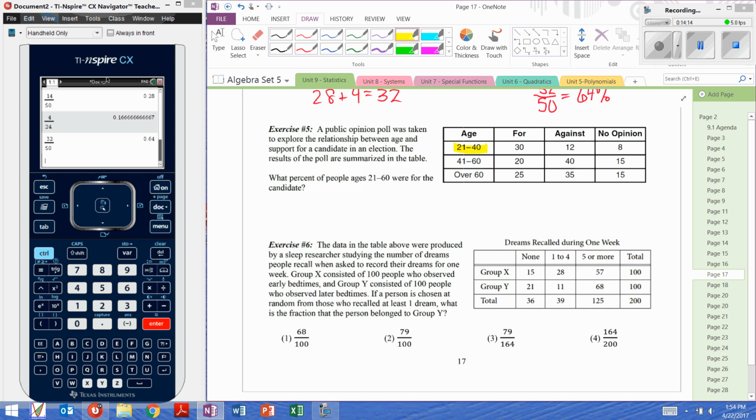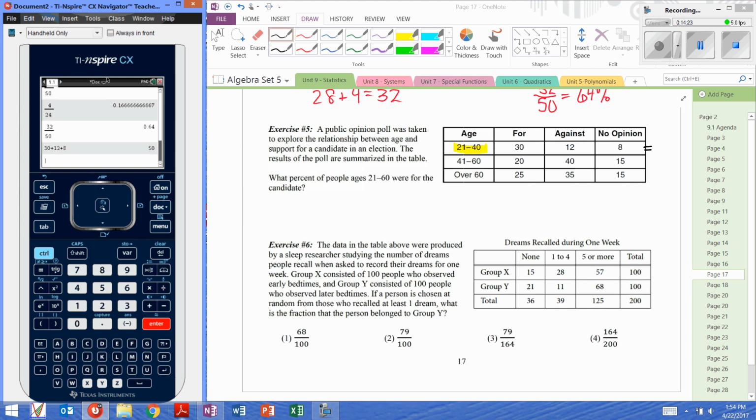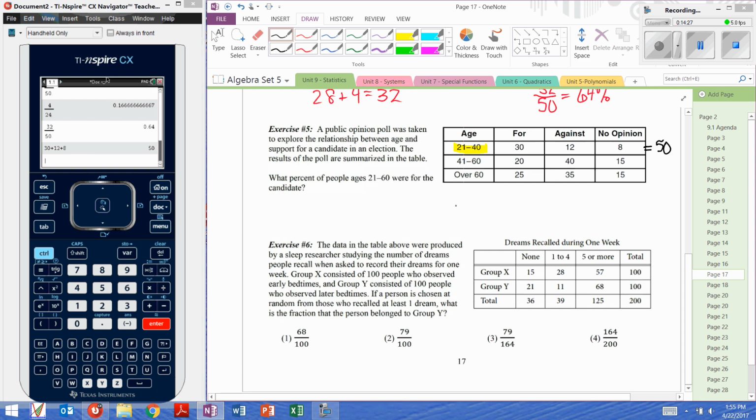Did they give us that total? No, so we have to find that. Well, that's not bad. That's just 30 plus 12 plus 8. So, 50 again. Cool. So 50 is my denominator, and they're saying we're for the candidate.